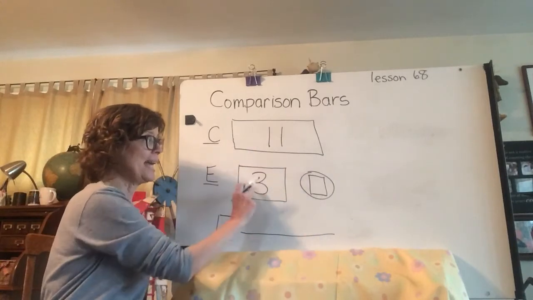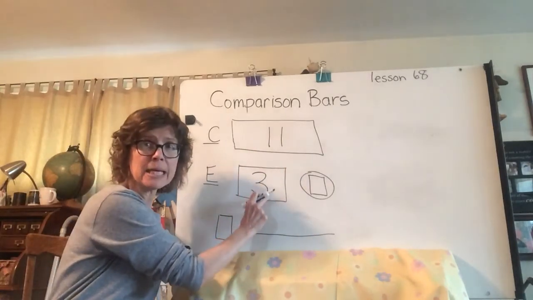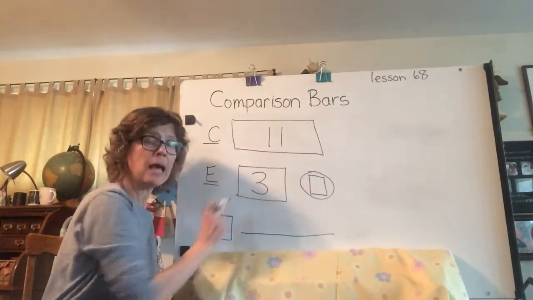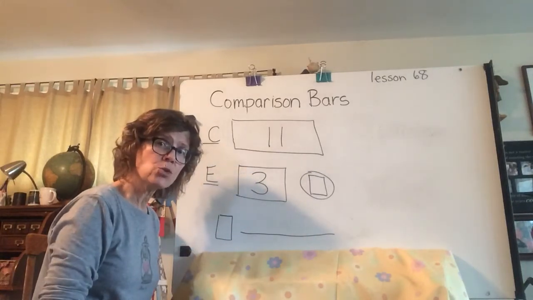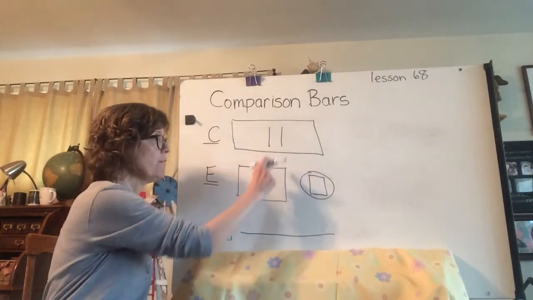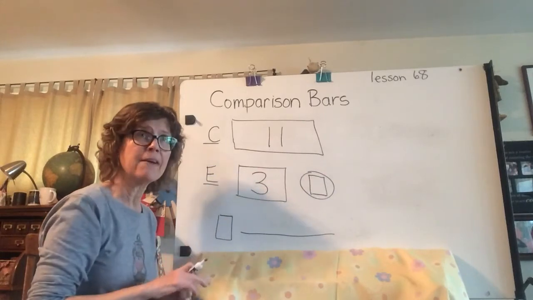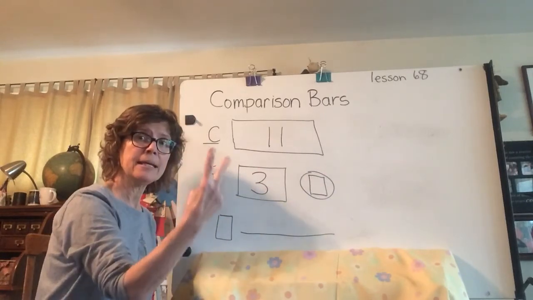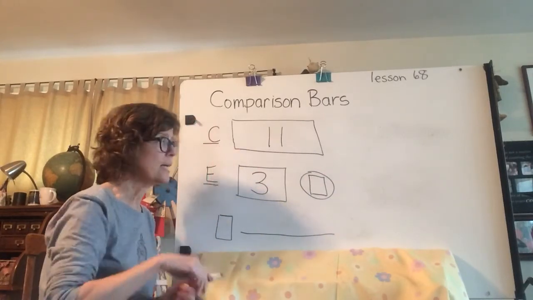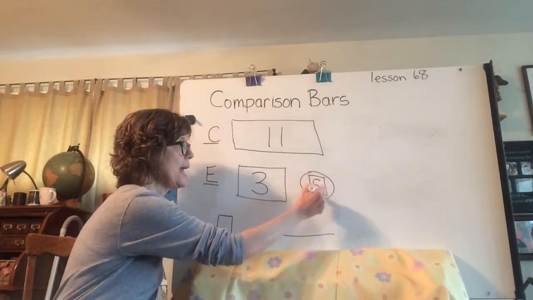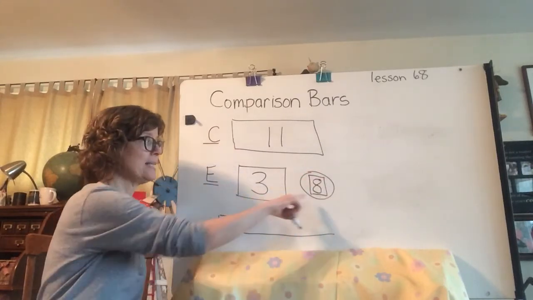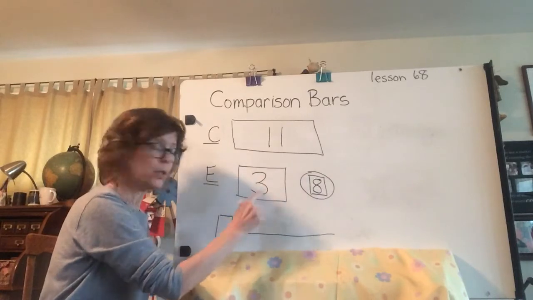So you can either start at 3 and count up to 11, but I think a faster way would be start at 11 and count back 3. 11, 10, 9, 8. And so it's going to be 8. The answer, Eva has 8 fewer kittens.